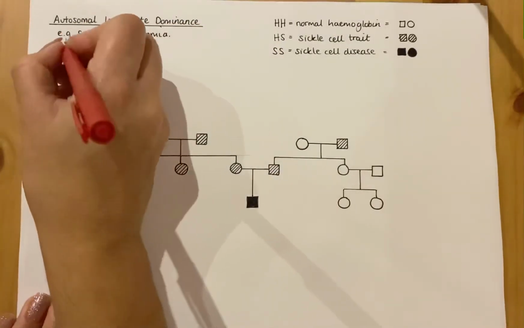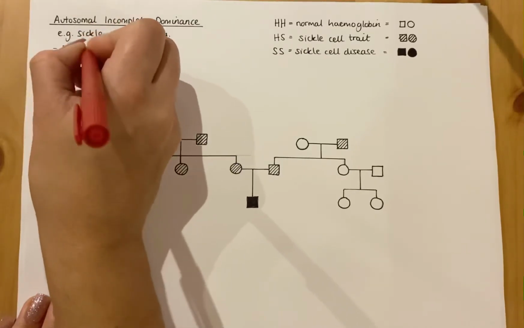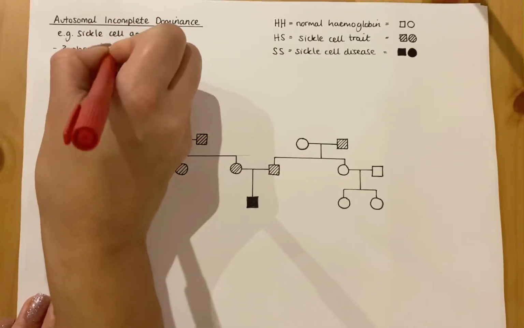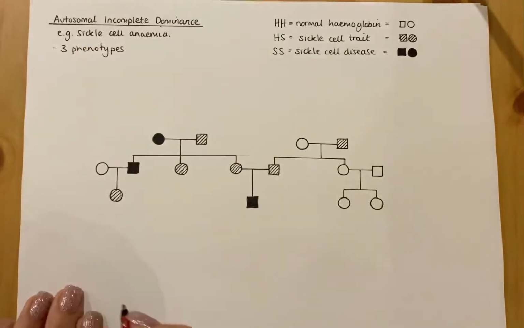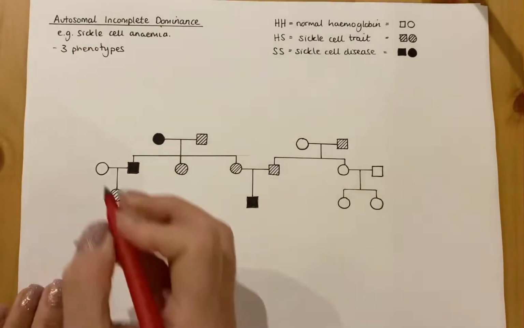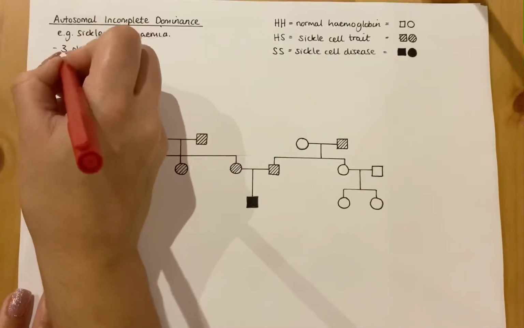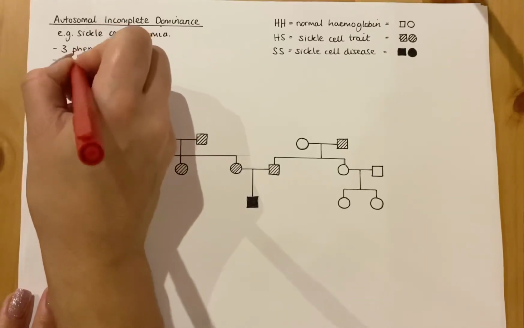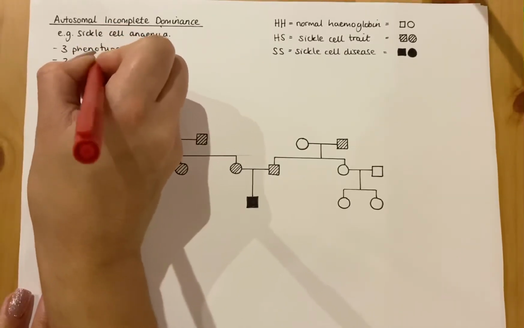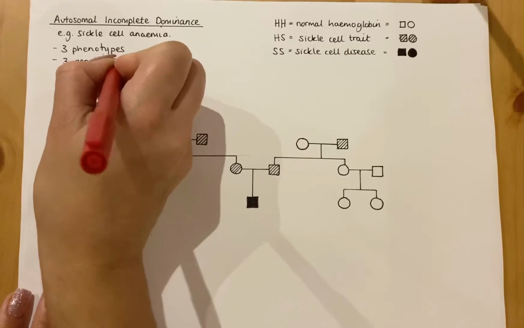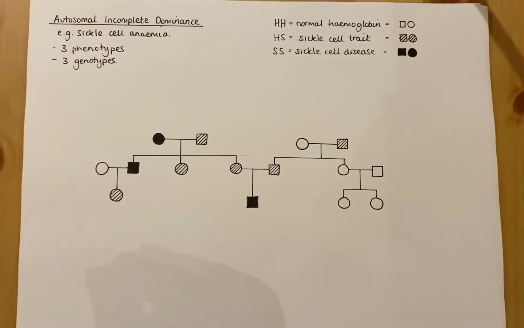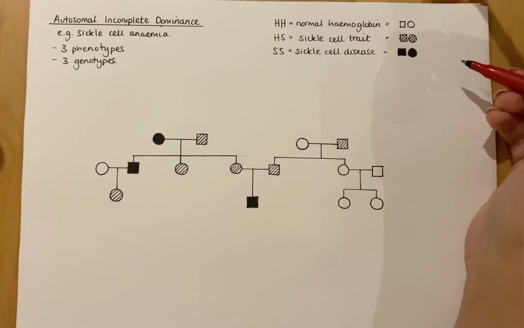There are 3 different phenotypes, potentially. Normally we would have 2 different phenotypes, so black hair or red hair in a cross. Because there are 3 different phenotypes, there are also 3 different genotypes. Normally we talk about dominant being a capital and recessive being a small, but in this example there are no recessive alleles.